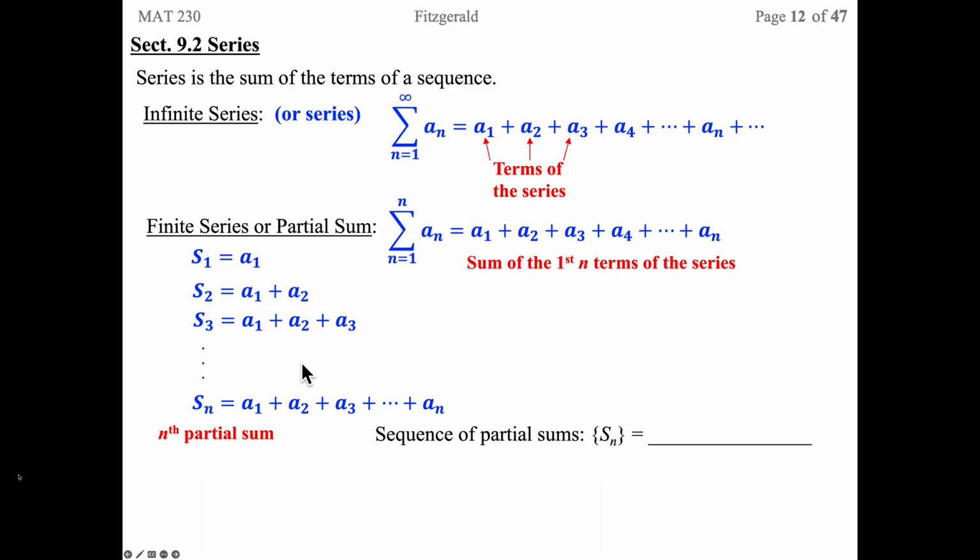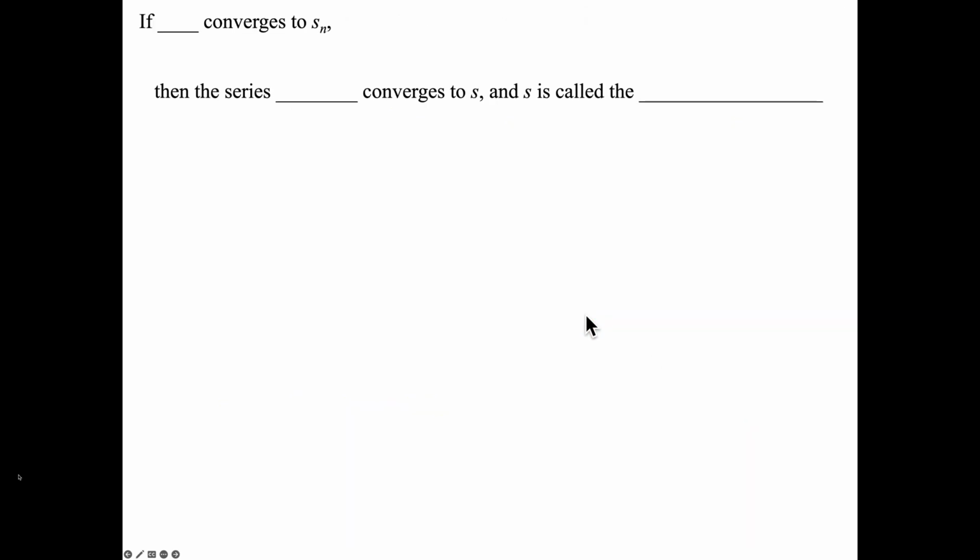Now partial sums themselves also form a sequence. So we'll have S sub 1, S sub 2, S sub 3, all the way out to S sub infinity, if you want. If S sub n, the sequence of your partial sums, converges to S, it's like saying there's a limit.